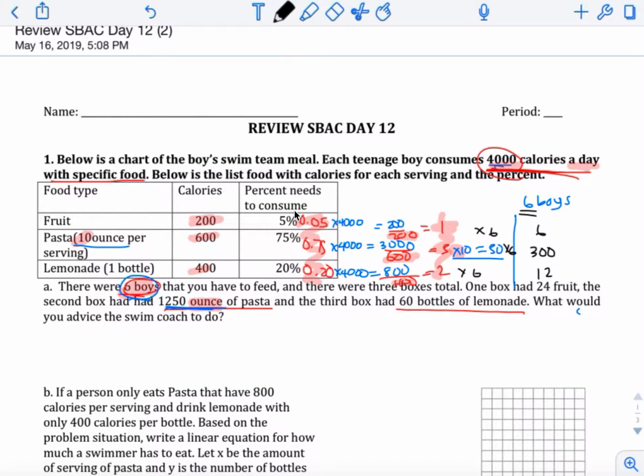So 5, 1, 2, 3, 4, 5. Put 1, 2, 3, 4, 5. And then this divided by 400: 10. 2, 4, 6, 8, 10. 10 bottles of lemonade. Like that.